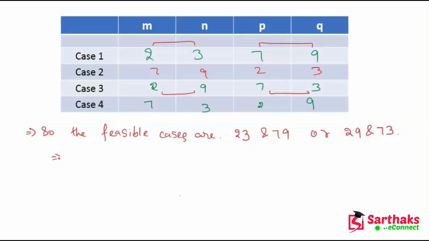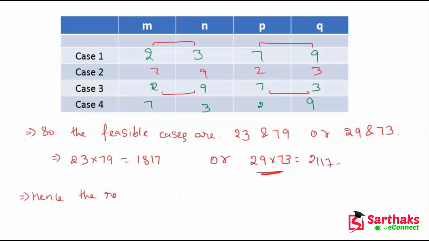Now if you multiply 23 into 79, we get 1870. Or if we multiply 29 into 73, we get 2117. So this is our required result, it means this is our required number. Hence the required 2-digit numbers are 29 and 73. So this is our result.